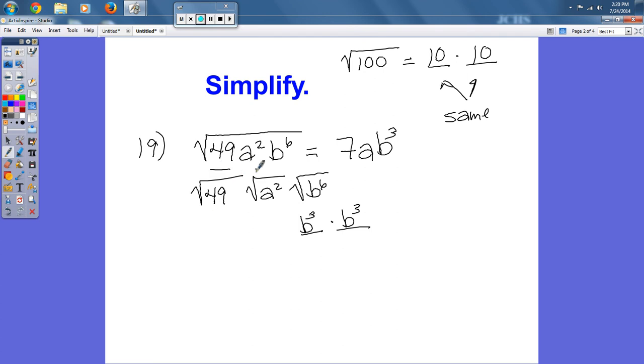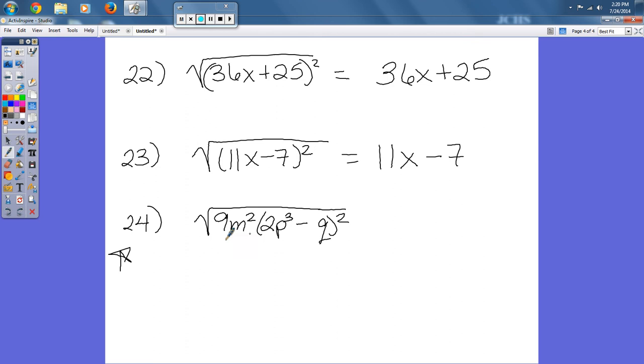Because these things are getting multiplied together, I can break them up. They're still being multiplied together. I just put those square root signs around everything. Since this one looks a little more complicated, I'm going to do the same thing. That's the same thing as the square root of 9m squared times the square root of that quantity, 2p to the 3rd minus q quantity squared.